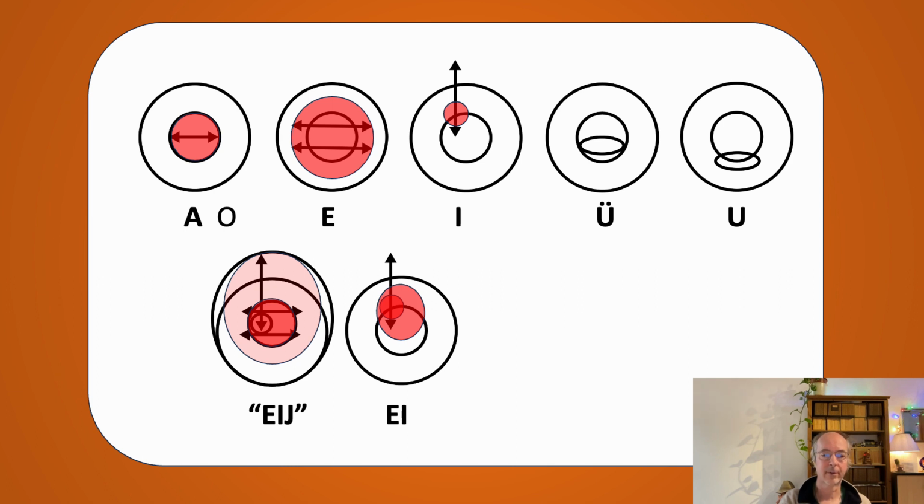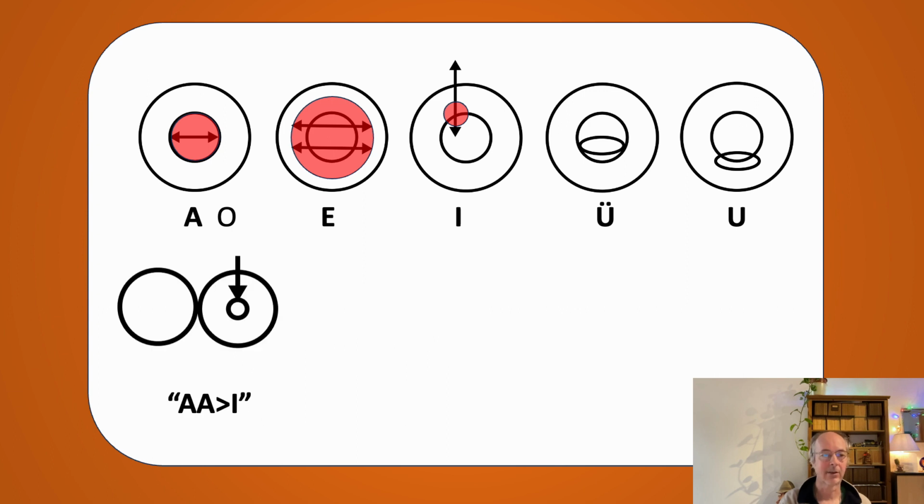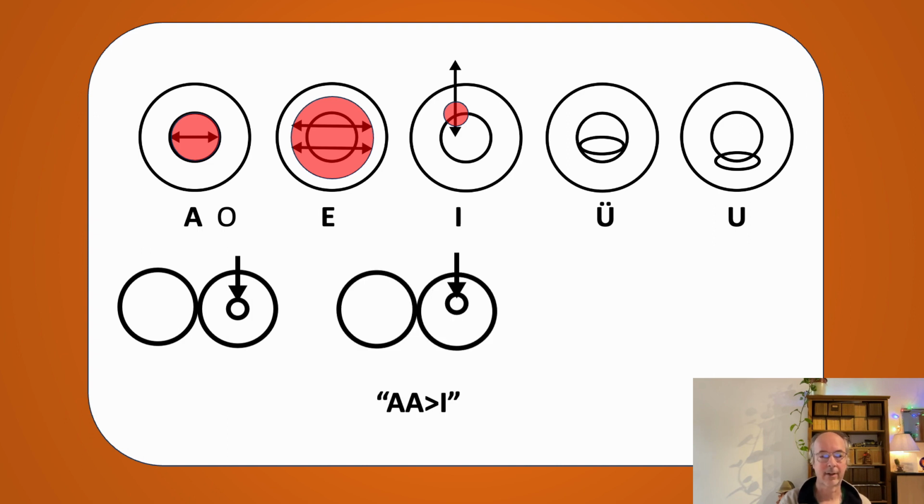In German, we also have the word, but it's pronounced differently. So we have the double A, so it's a double-sized A, and then the E is the insertion on the A, which has to be slightly off-center.